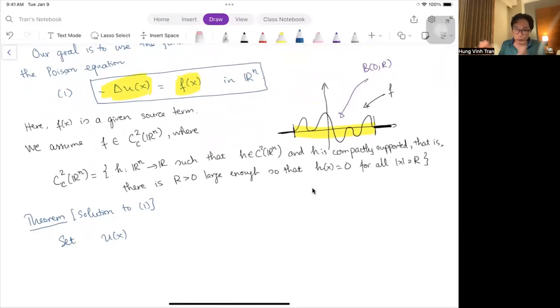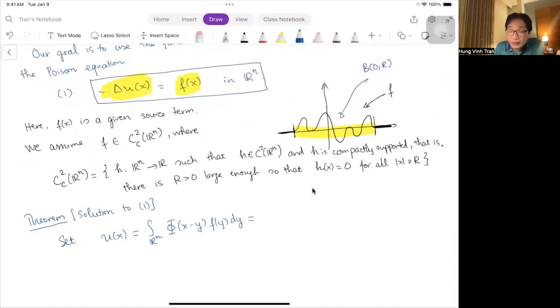We put things together by integrating phi with f in a convolutive way, but we don't even need to know about that. u of x equals the integral in Rn of phi of x minus y times f of y dy. So I'm integrating the fundamental solution with the source term f in this manner.